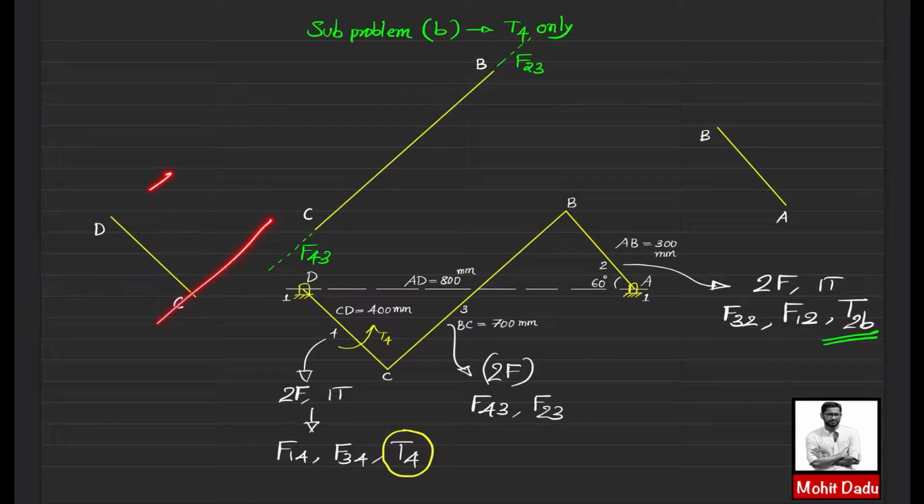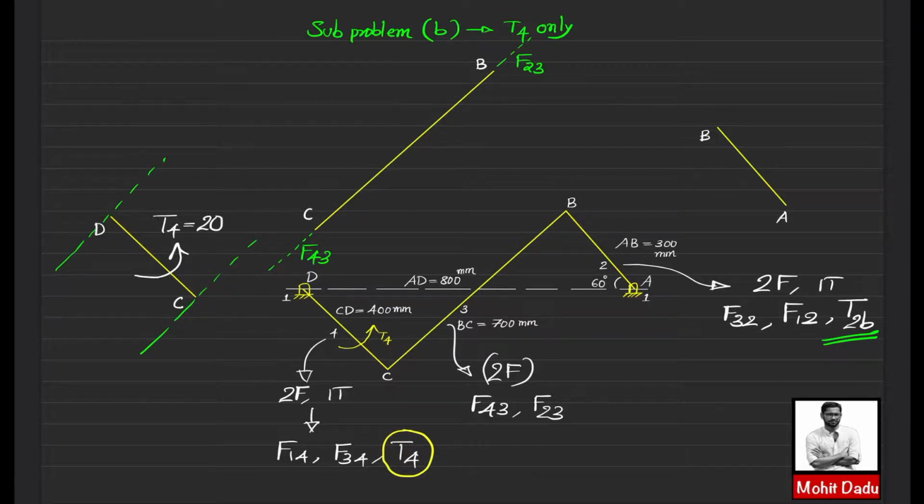So F34 and F14 will be acting in a parallel way. You can mark the direction of F34 and F14, which will be parallel, but now we do not know the direction, though we can evaluate that, because here the external torque is given in the anti-clockwise direction, that is T4, whose value is 20 Newton meter.